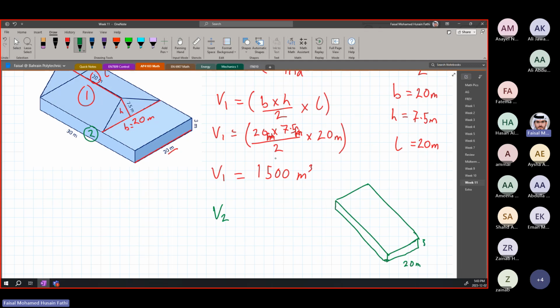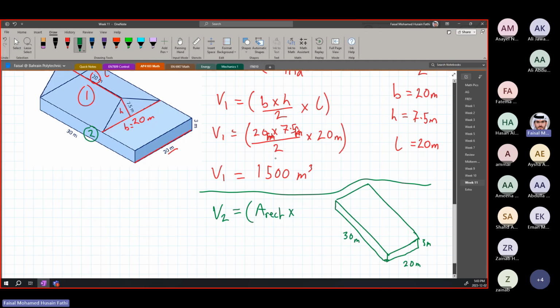The height here is 3 meters, and this length here is 30 meters. V2 is the area of the rectangle times the extended length. So you could look at it from the bottom. Let's say this is our extension, the 30 meters. I'm just going to write it as 30 meters directly, this extension over here. Okay?